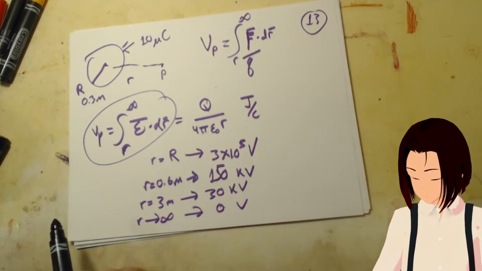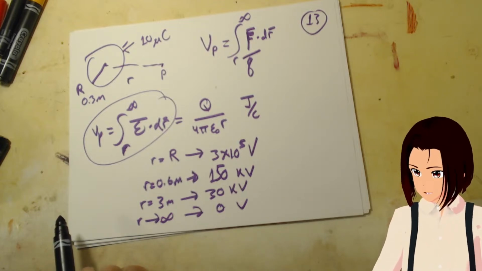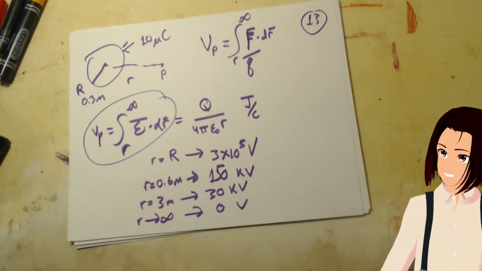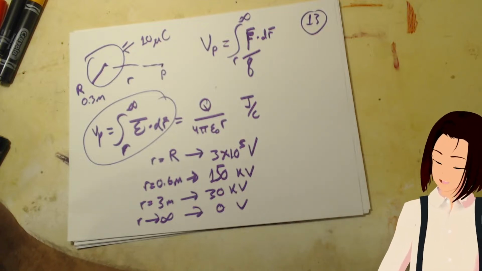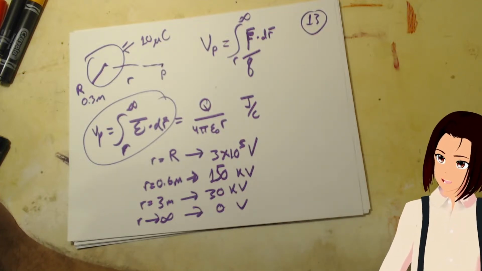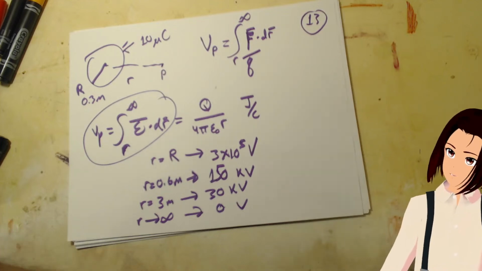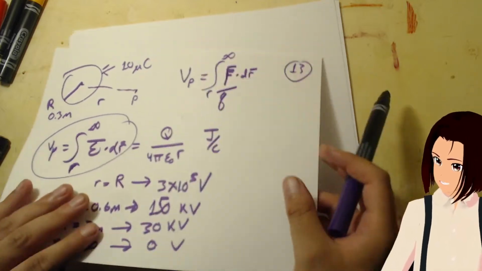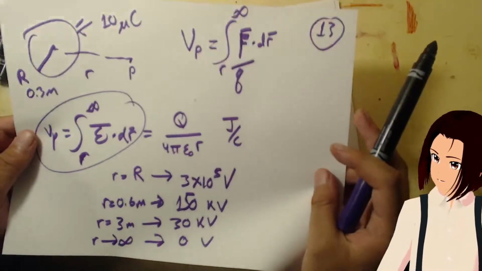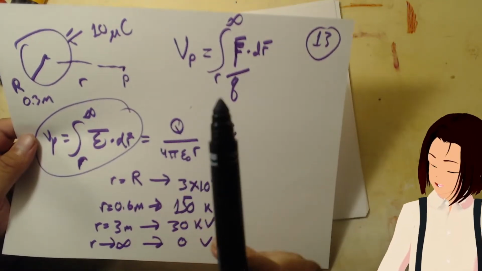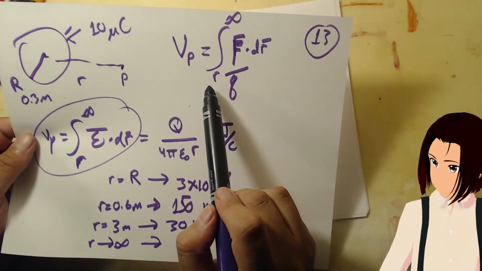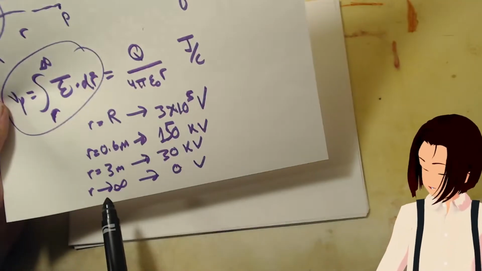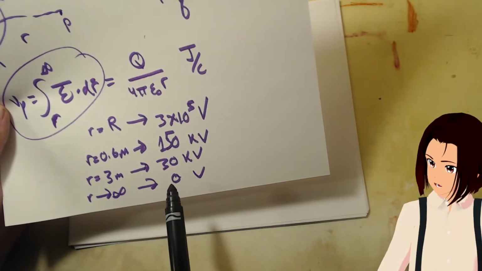But what does this have to do with laws like Ohm's law? Well, one of the things we have to establish is that potential by itself is really potential difference. What we have here is we're measuring from R to infinity, and we calculate that at infinity it is 0 volts.